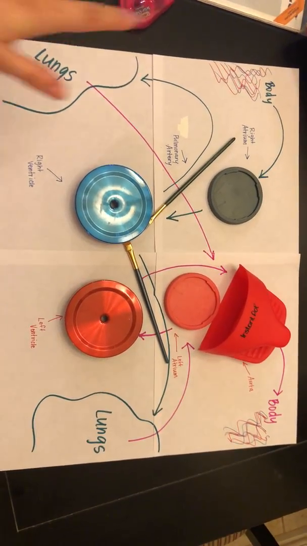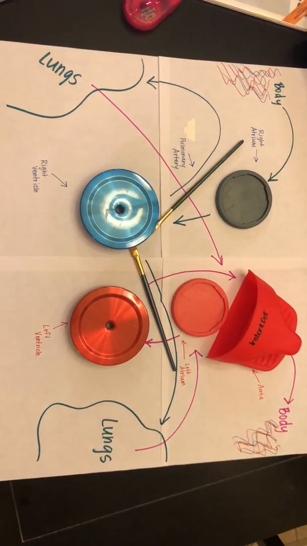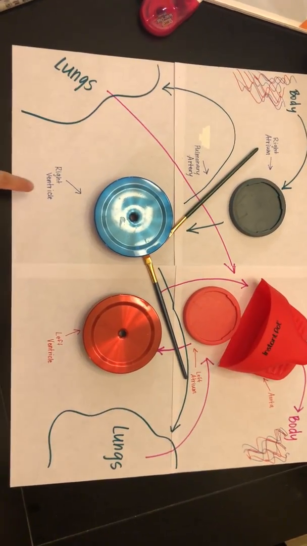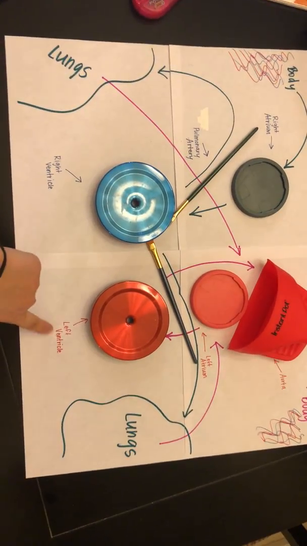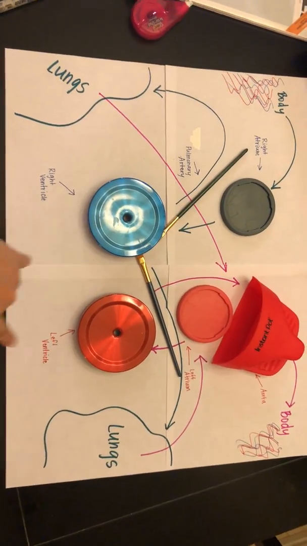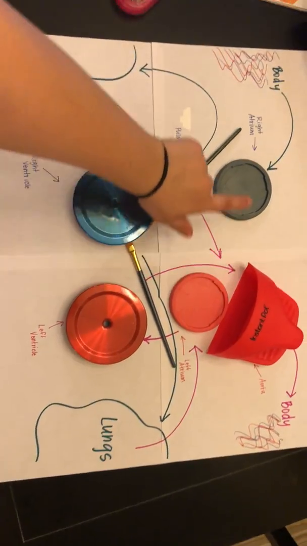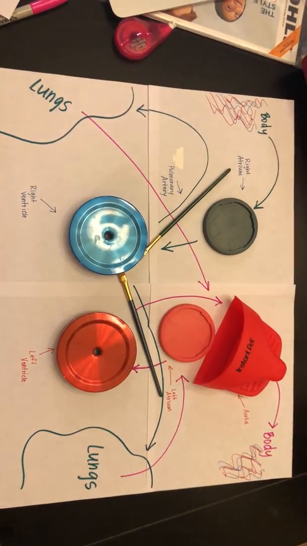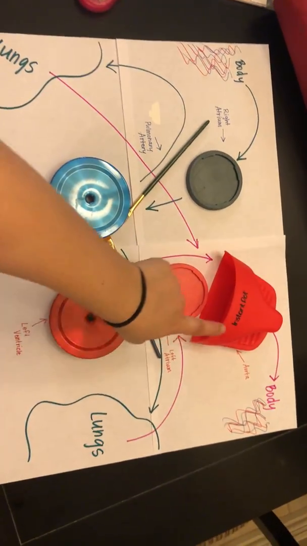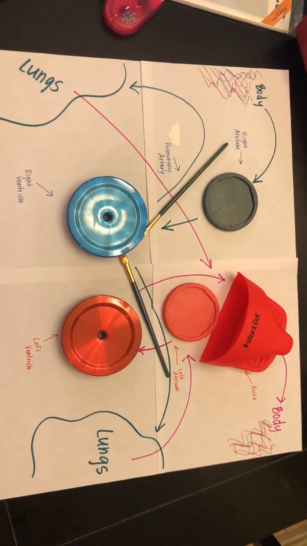As you can see here, I've got a lot going on, but I tried to have everything pretty clearly labeled. So like my right and left ventricle are lids to some cups that I own. The left atrium and right atrium are Tupperware lids. My aorta is an Instant Pot.